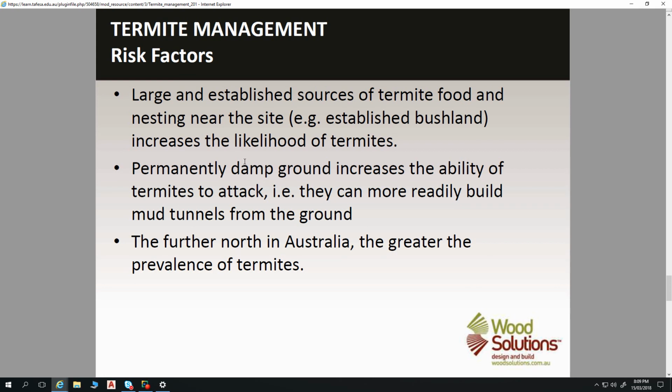Large and established sources of termite food and nesting near the site, such as bushland, increase the likelihood of termites. Permanently damp ground increases the ability of termites to attack, i.e. they can more readily build mud tunnels from the ground. I had an issue myself with the delivery of a whole heap of hardwood timber to a site, which went straight on the ground, it didn't go on bearers.